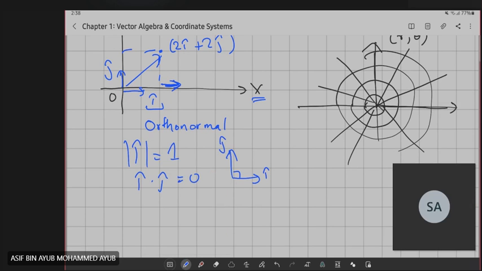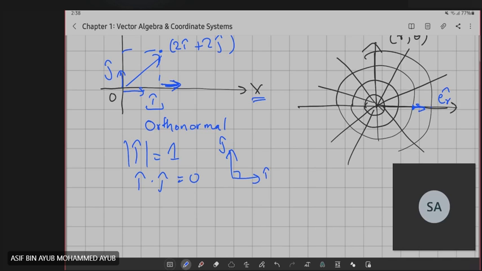So let's imagine that you fix theta at theta equals 0, somewhere here, and you only increase r. Basically you have r equals 2 here, maybe you want to go to r equals 3. So the basis vector will be pointing this way. This is e_r, meaning it's a unit vector in the direction of r.